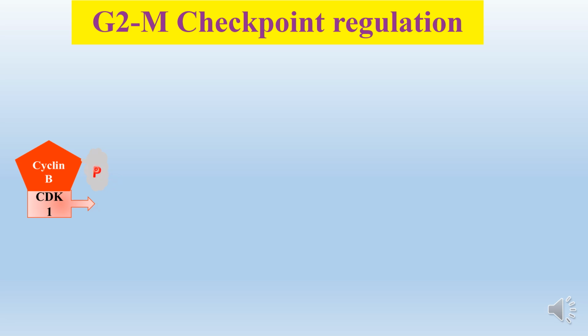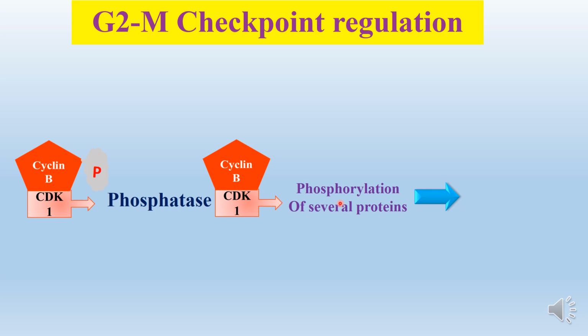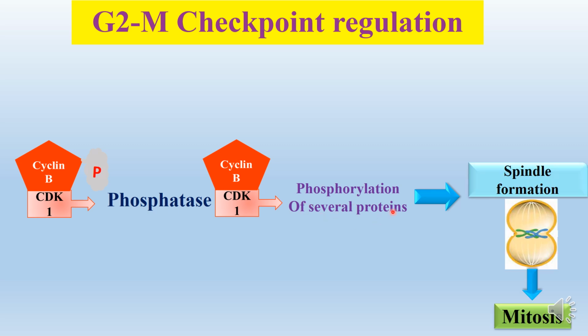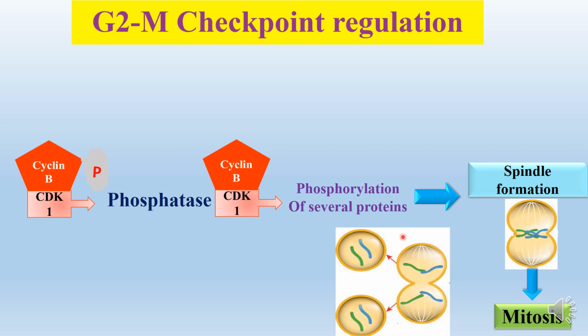Because in this phosphorylated condition, this complex is inactive and the enzyme phosphatase then removes this phosphate group, and so this complex is now dephosphorylated and hence it is active. On becoming active, it phosphorylates several proteins which cause the spindle formation to occur properly, and this leads to mitosis and the cell divides in a proper regulated manner.